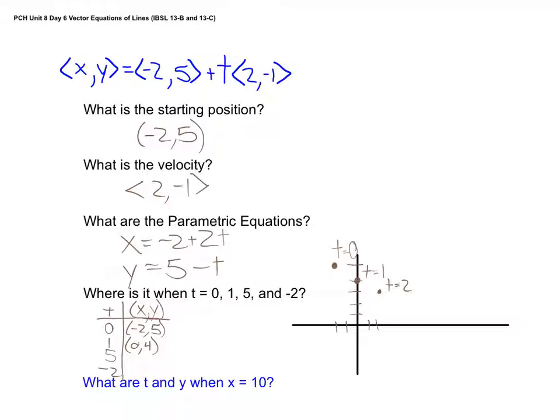But if we want to plug in 5, you could plug it into the vector equation or the parametric equations. x is going to be negative 2 plus 10, which would be 8.